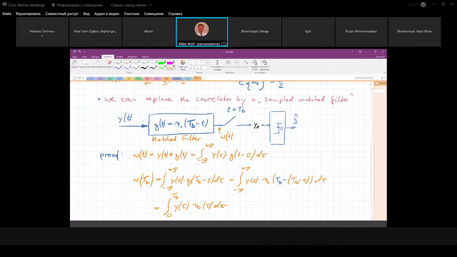If you denote this as tau or t, it doesn't matter. You can replace this tau by t if you want. You can call it as you want. This is just a number. How I denote this time variable doesn't matter. So this is exactly what we obtained with the correlator output. It's exactly the same.